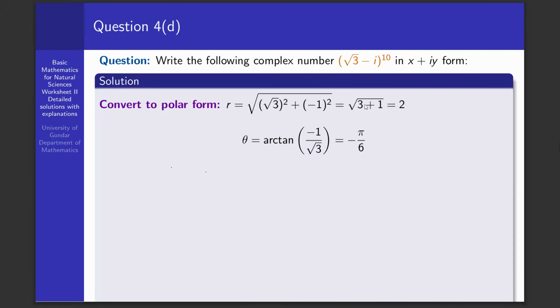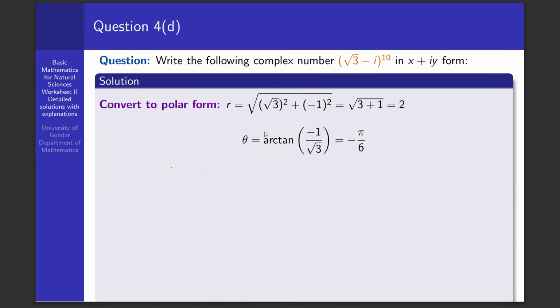that's simply 2, which is the square root of 4. And the argument theta is the tan inverse, or arctan, of the imaginary part divided by the real part, that is minus 1 over radical 3. And this is a negative angle, which is negative pi over 6.